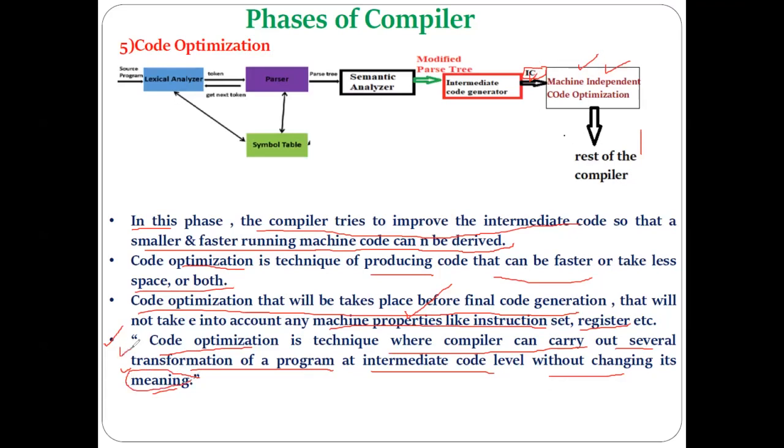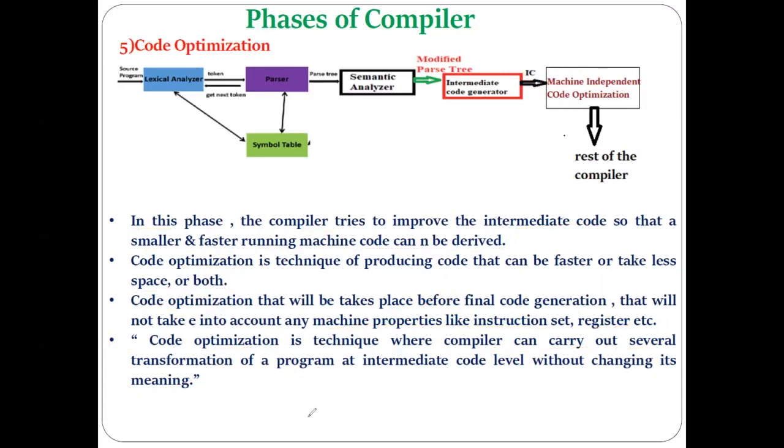That is called code optimization. You can also describe it as a technique where the compiler rearranges the code without affecting the final output of the program. That is the task of code optimization.